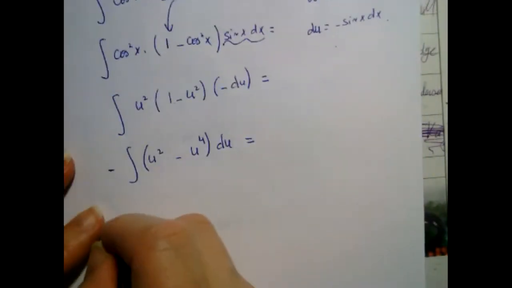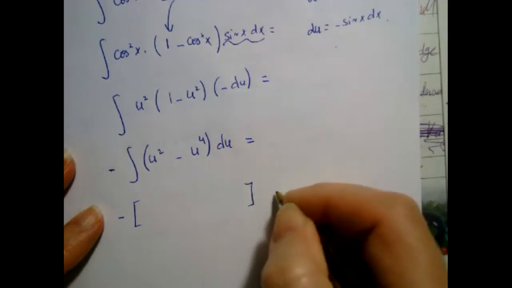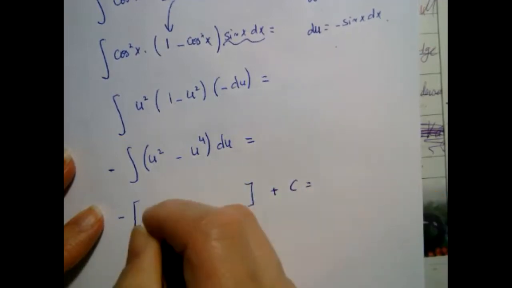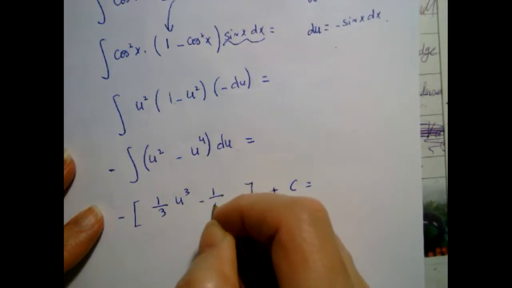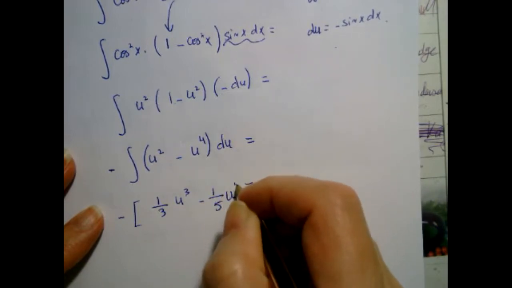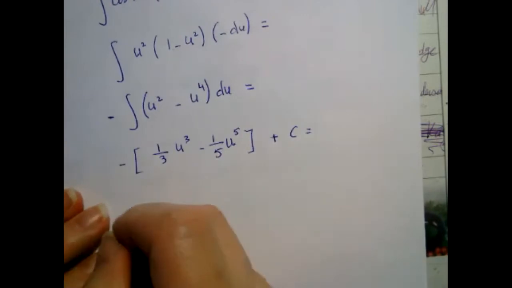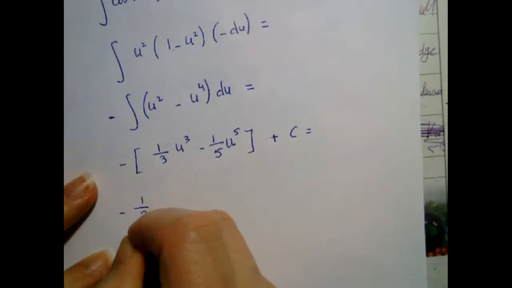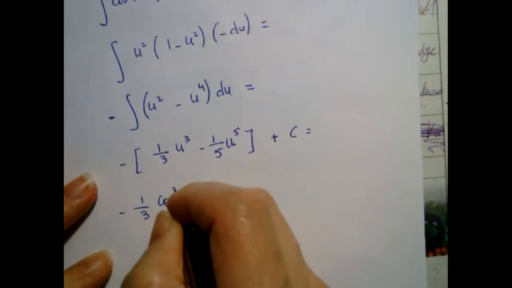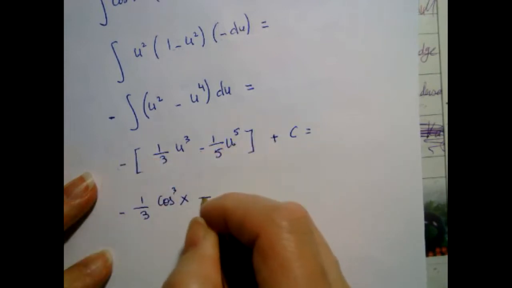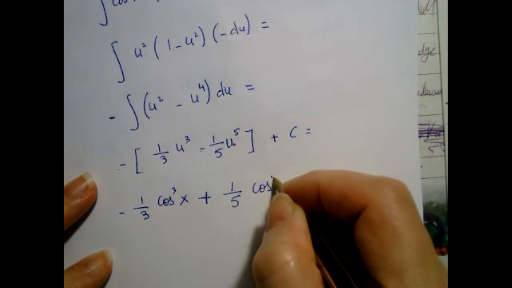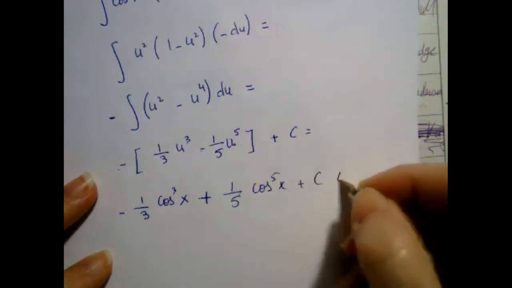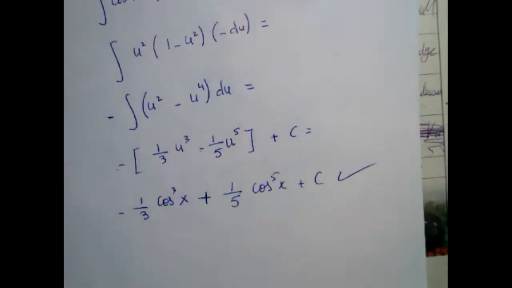I will have minus 1/3 u to the power 3 minus 1/5 u to the power 5. And that would give me minus 1/3 cosine cube x plus 1/5 cosine 5x plus c, end of the problem.